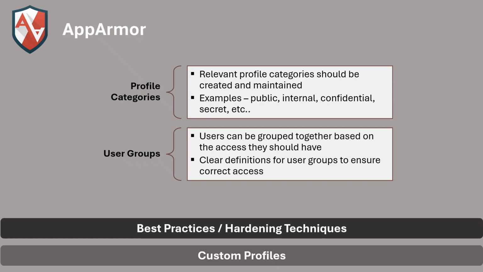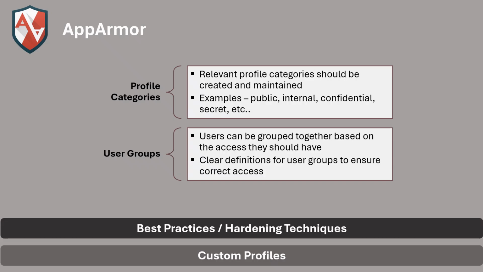For a mandatory access control tool like AppArmor to function effectively, organizations need to invest time in creating relevant profiles and user groups that categorize users based on the information they require access to. Examples of user groups may include employees, managers, executives, or individuals with different levels of security clearance, such as level 1, level 2, or level 3.